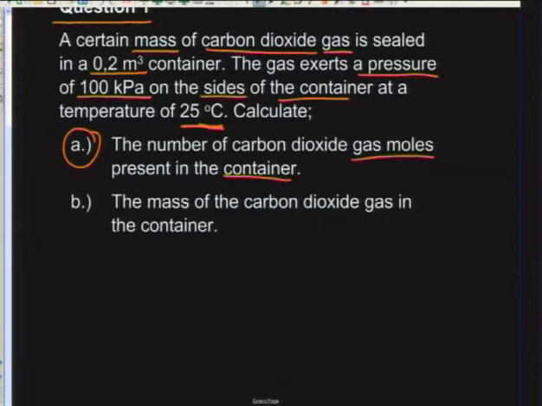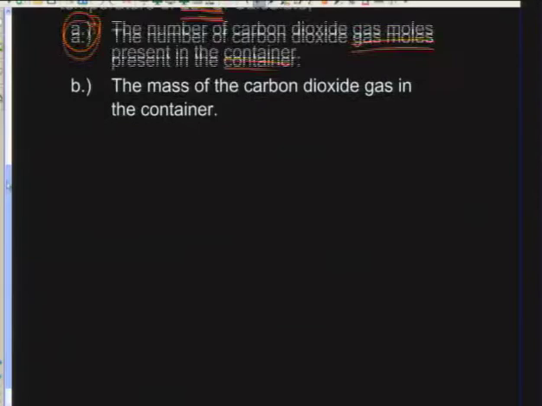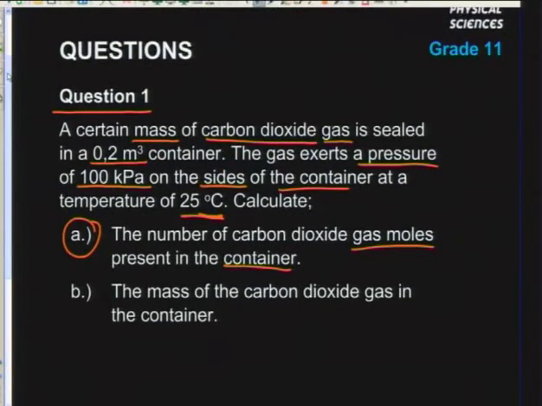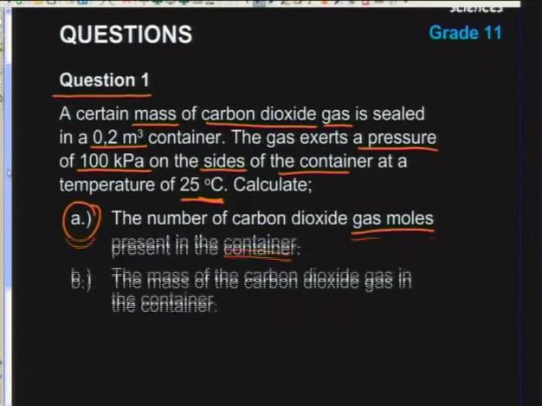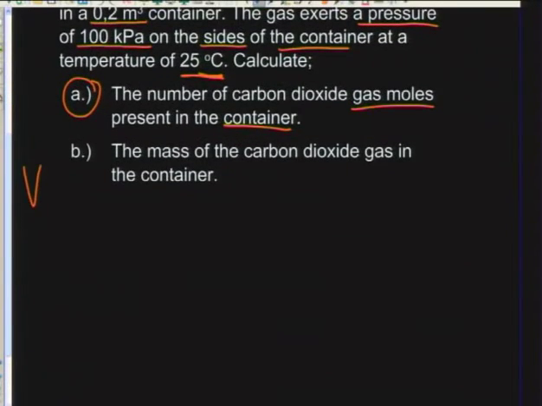How do we do that? Now let's just write down all the things that are given to us. We have a volume V of 0.2 cubic meters, actually, not cubic decimeters.